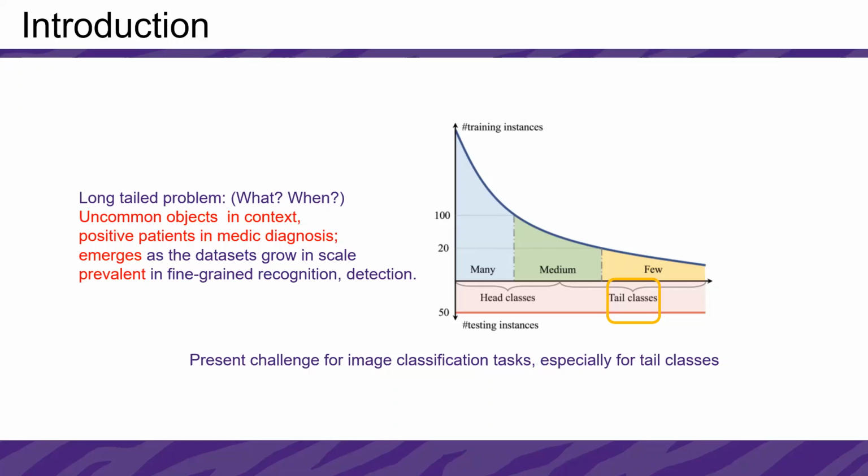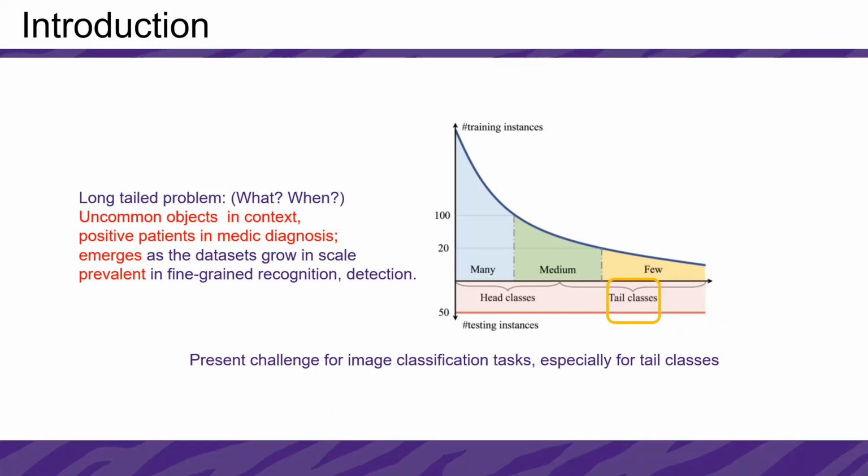The long-tail problem emerges as datasets grow in scale, and it is prevalent in fine-grained recognition and detection. The structure of these datasets looks like this curve, with the head classes and the tail classes.